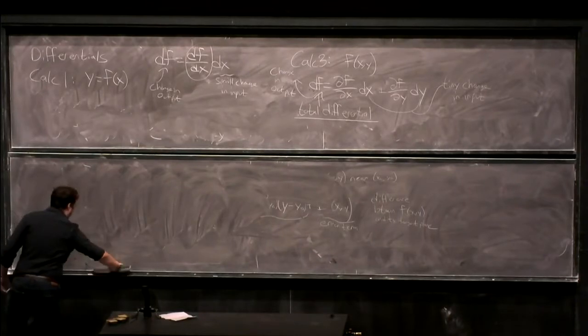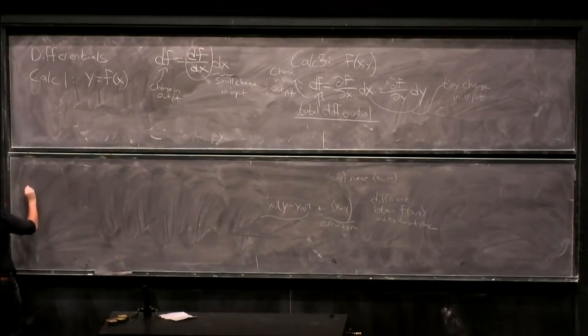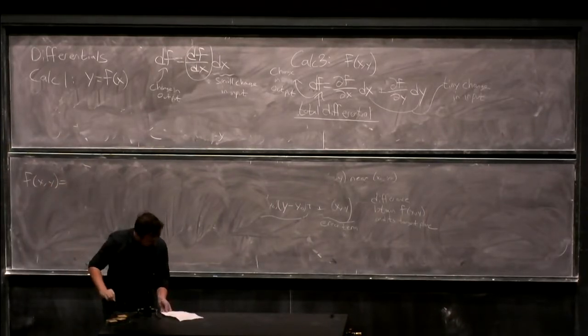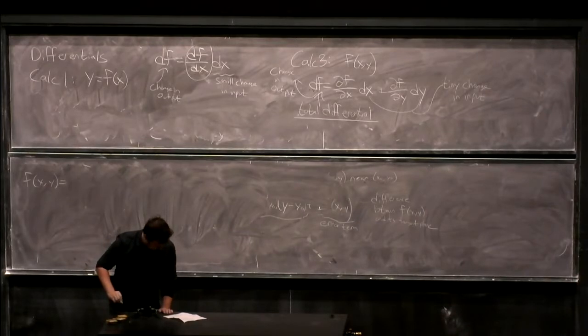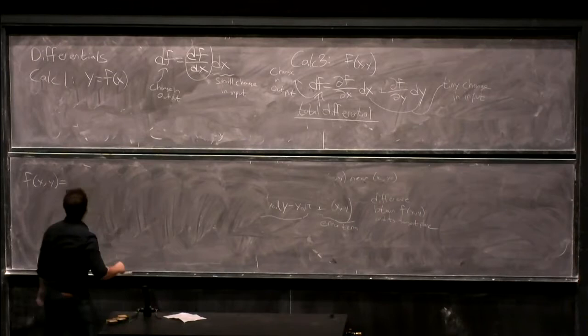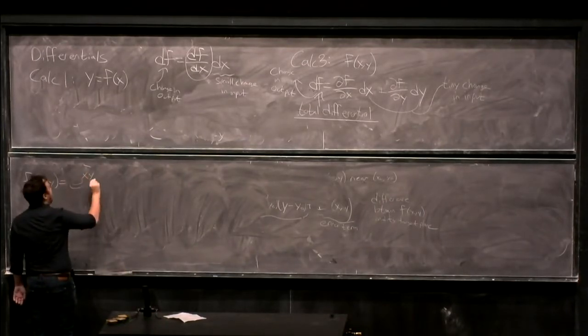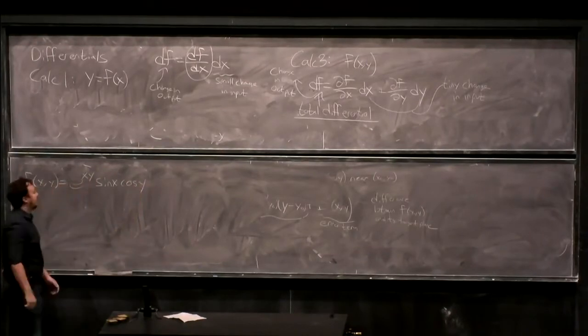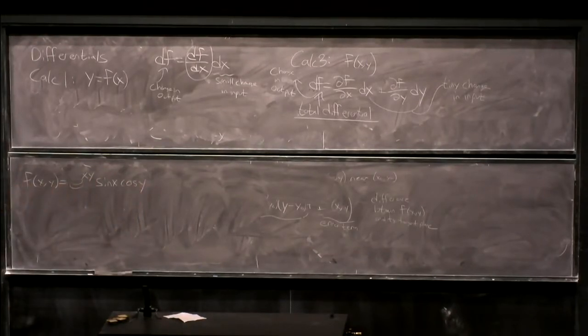So let's say that my function f of x y is equal to, let's see, I have a good example here. f of x y, let's say it's equal to e to the x y sine of x times cosine of y.